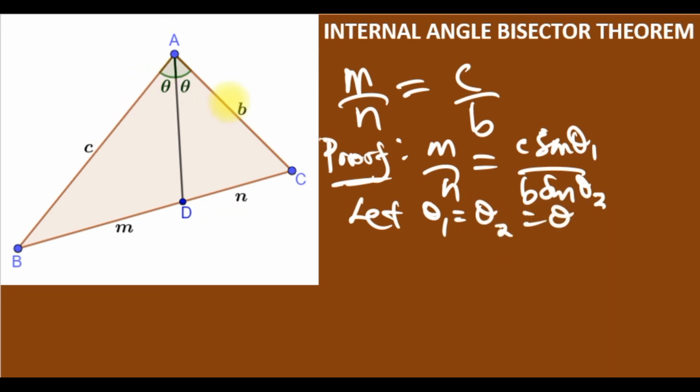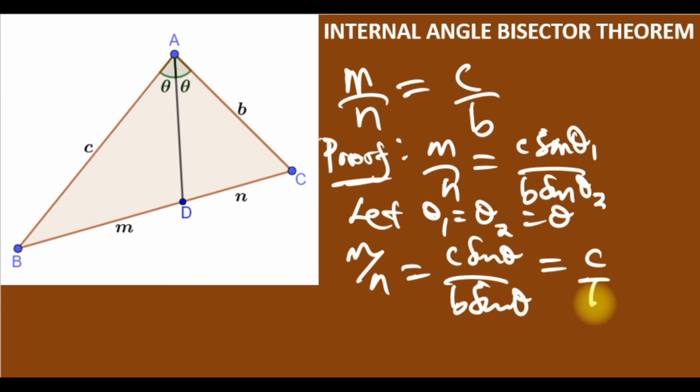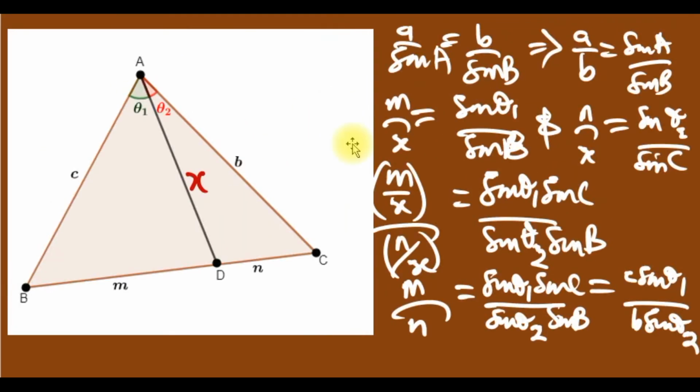We now see that m over n is c sine theta over b sine theta, which is c over b. So we've proved that. That's why I said this helps us to prove the angle bisector theorem.